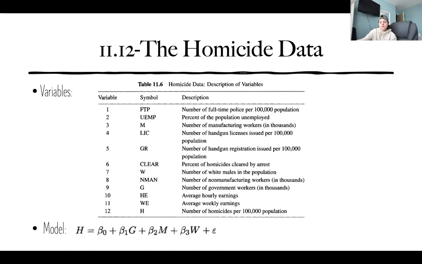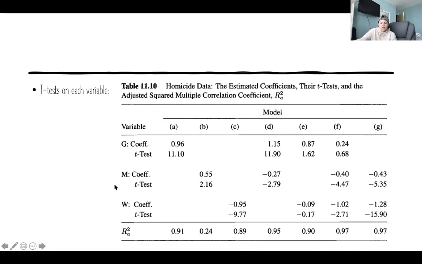If the standard assumptions hold, we would be able to terminate G, which has a t-value of 0.68. We can find this from table 11.10, which shows the three variables we used in the model, the coefficients, and the t-test values associated with them, and then our adjusted R-squared down at the bottom.